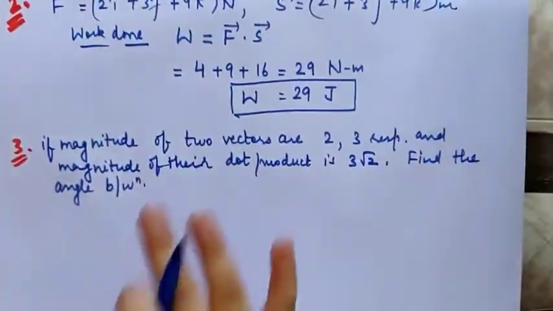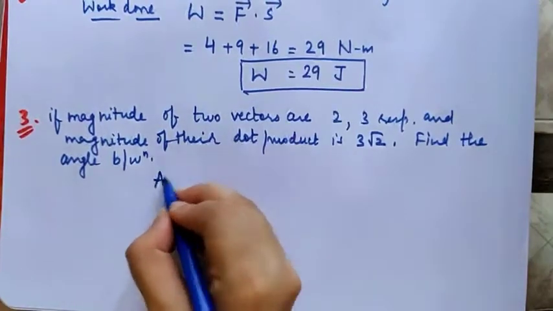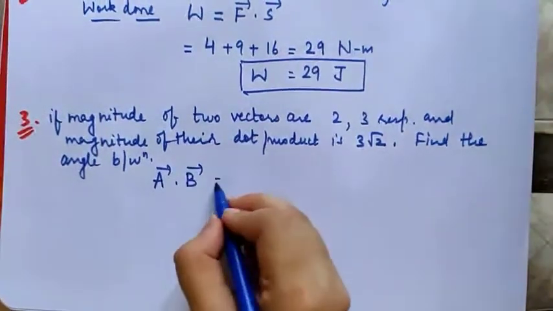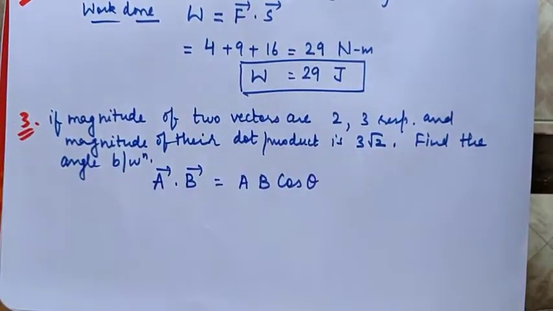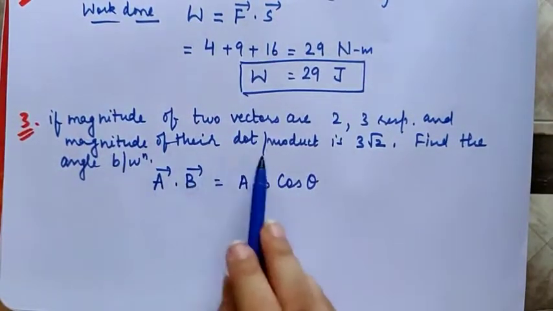Now solving this very easy question again, write down, suppose you need to find a dot b, which will be equal to ab cos theta. Now you are given magnitude of their dot product.